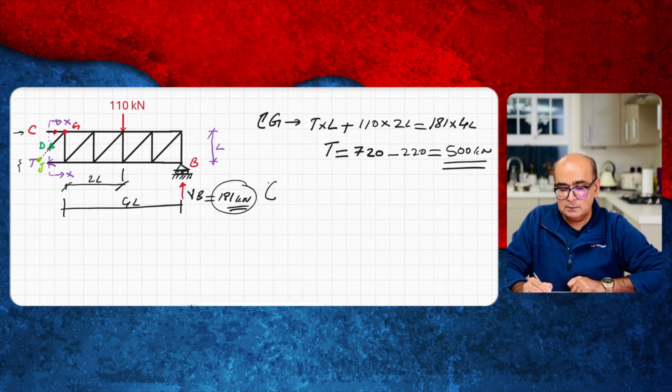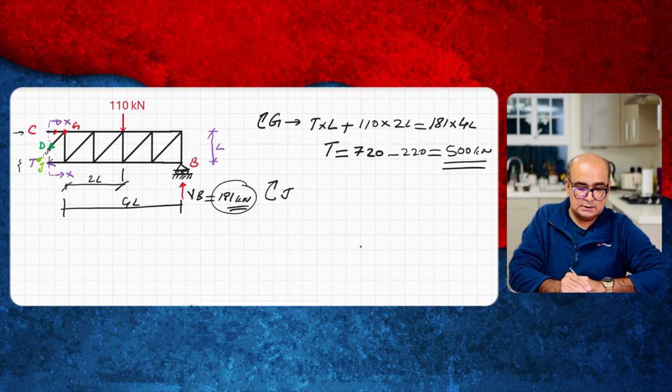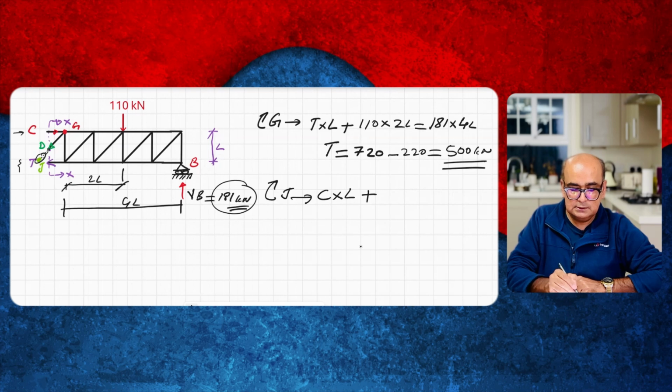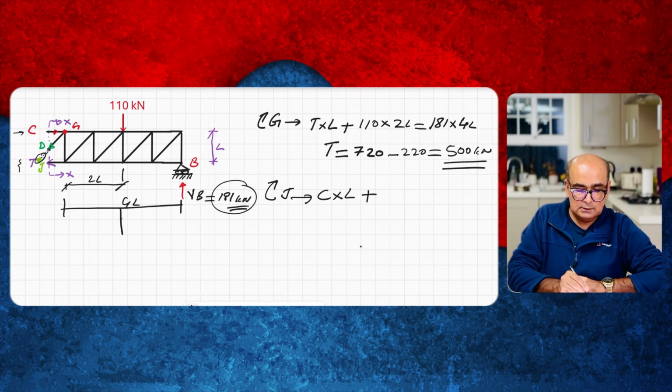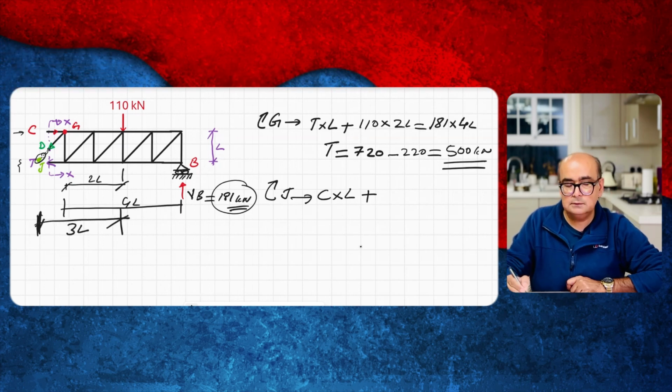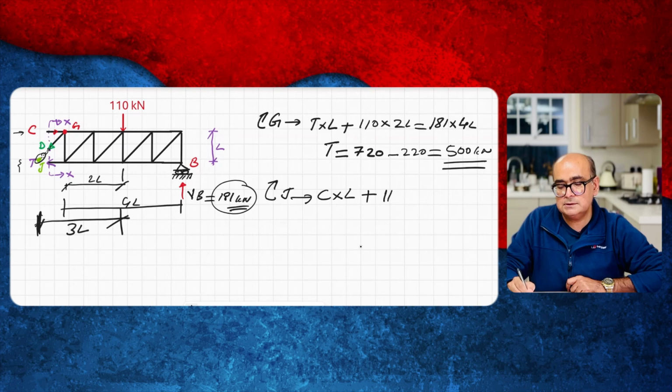And then I will take moment again at J. I will slightly extend this line and I will take moment at this point. So this will give me C times L plus 110. Now 110 to J, I have 3L. So 110 times 3L.